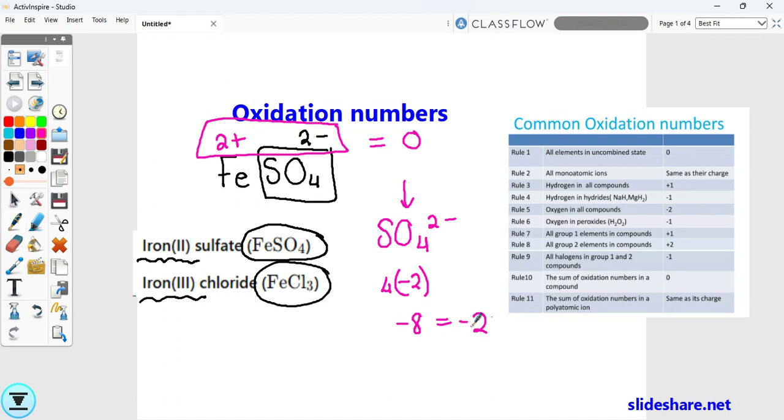Now you need to think, alright, if I have to get to -2, I have -8, what must the positive be here? And that will then show you easy maths. If it's +6 -8, then we're going to end up with a -2, so the oxidation number of sulfur, or the oxidation state of that S there, will be +6.